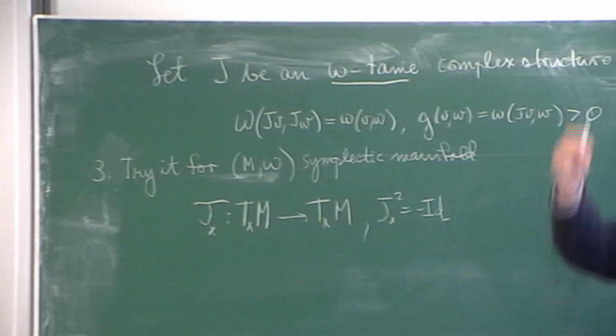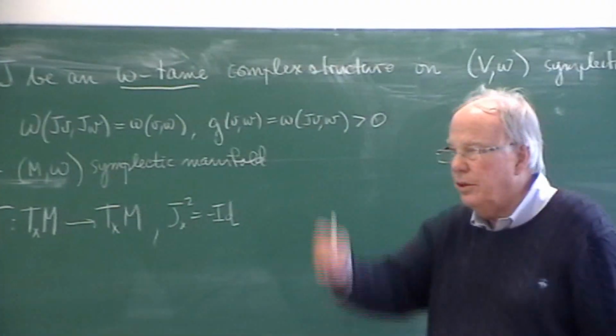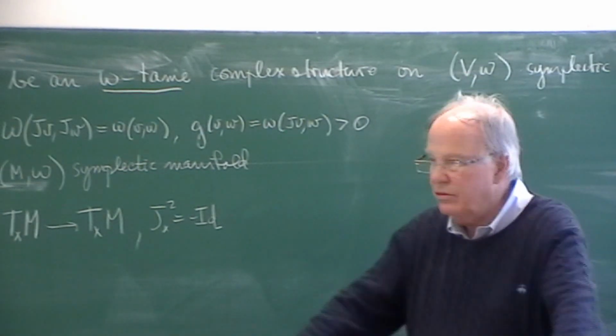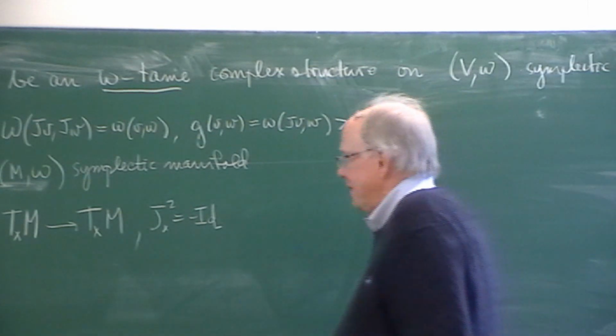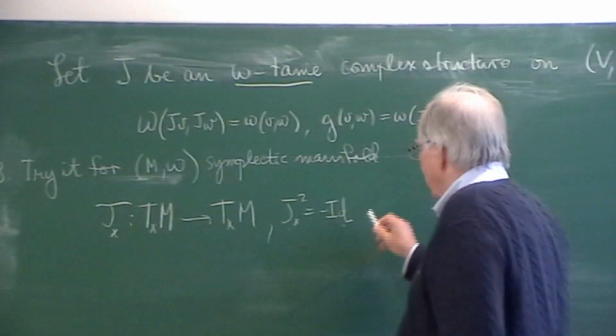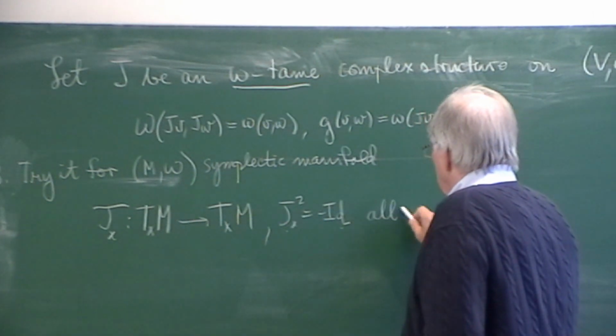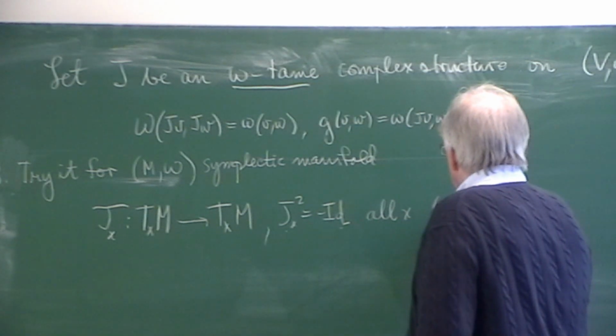That's the only vector space around here, and Darboux says in fact that this can be realized, varying smoothly in x.